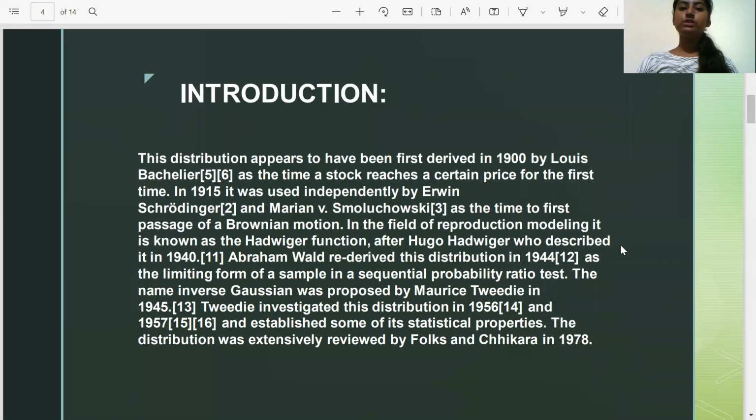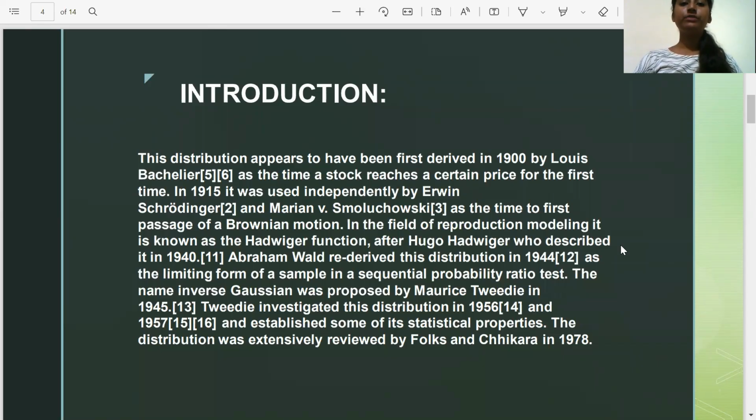Introduction: this distribution appears to have been first derived in 1900 by Louis Bachelier as the time a stock reached a certain price for the first time.